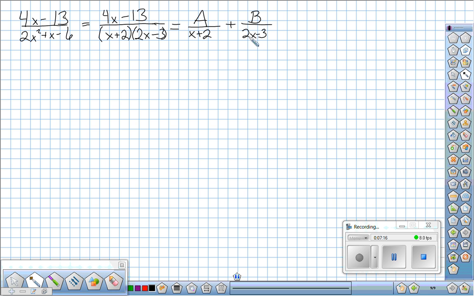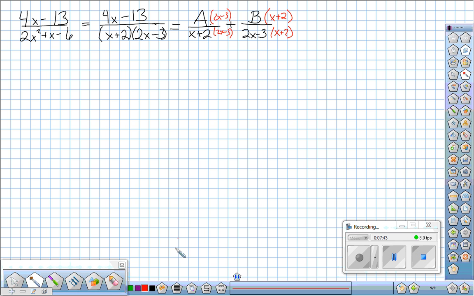And if I were asked to get a common denominator right here, how I would go about doing this is I would be multiplying A by 2x minus 3 over 2x minus 3, and I'd be multiplying B by x plus 2 over x plus 2.